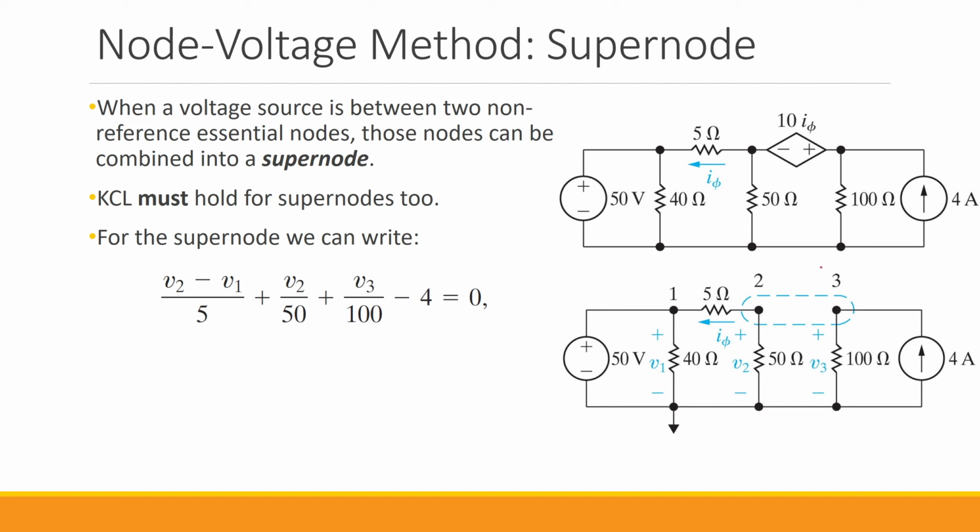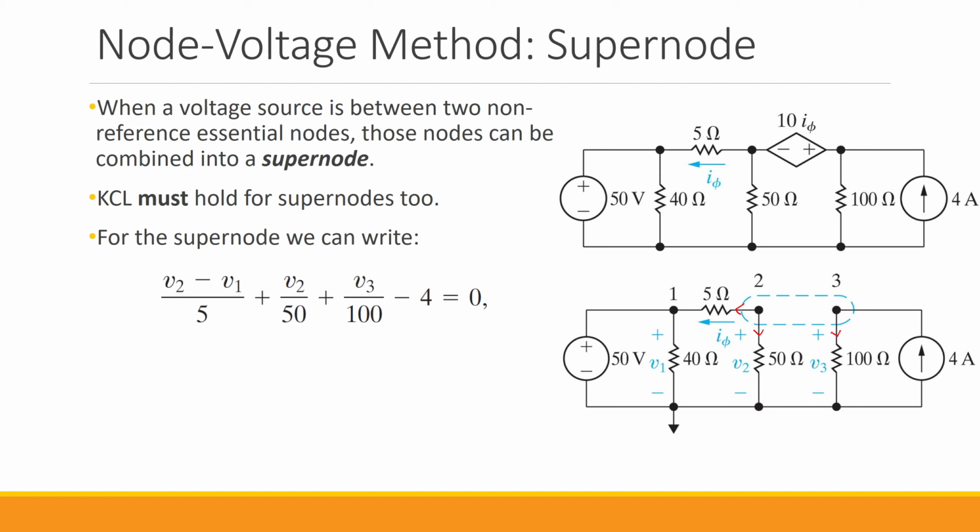Practically the same as before. The only thing that is not there is that we don't even consider this voltage source that is in between. We just write the current that leaves node 2 and goes through 5 ohm as before. So it is V2 minus V1 over 5. The current that leaves node 2 and goes through this 50 ohm is V2 over 50.